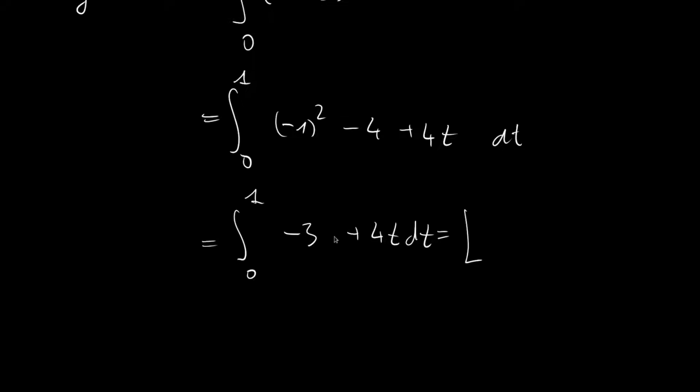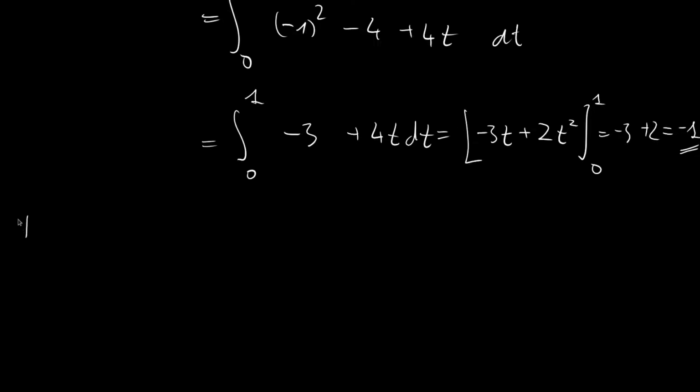Then we build the antiderivative, which will be minus 3t plus 2t squared, and we evaluate at the limits 0 and 1, and then we plug in minus 3 times 1 plus 2, and we can ignore the lower bound, so we're getting minus 3 plus 2, and this is minus 1. And you already see this is a negative value, so it's some sort of average difference in energy. I think you get it's a loose interpretation, but bear with me.